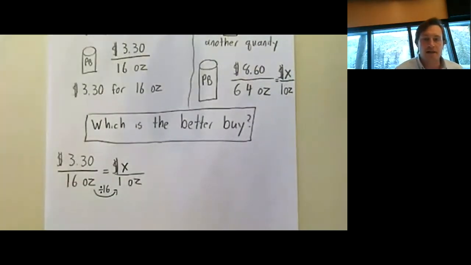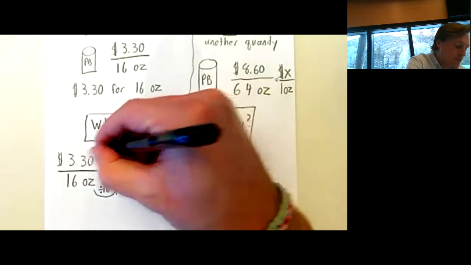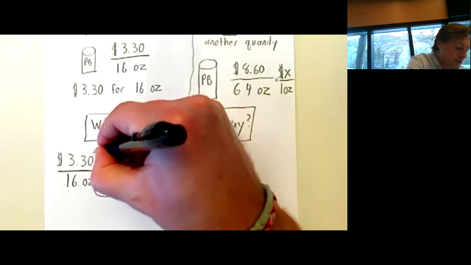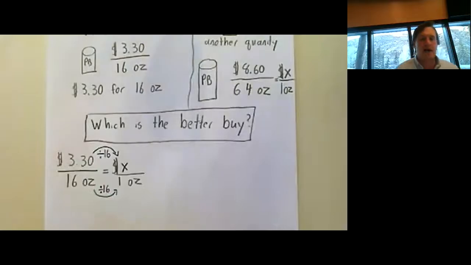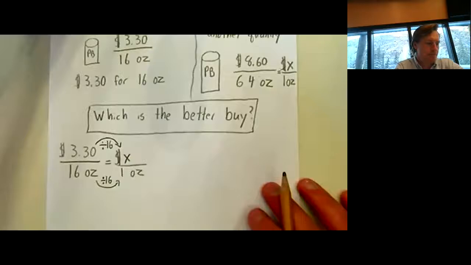Division, dividing by 16. And I'm going to apply that same relationship to my numerator to get that X. Okay, so I'm paring this down from 16 to 1 by dividing that 16 by itself. So this is going to become a division problem.